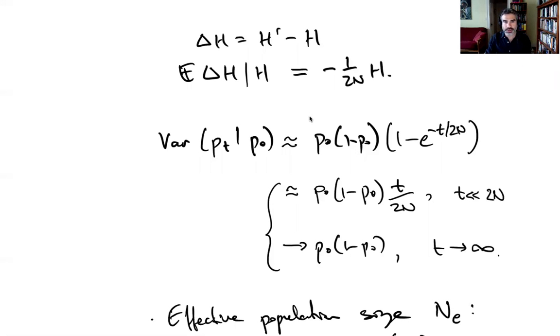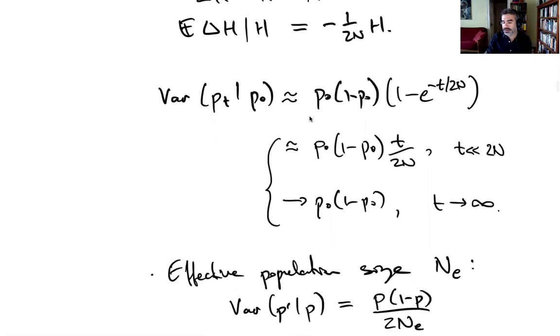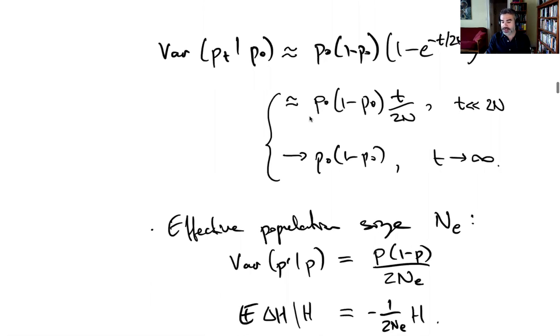The same evolution rules hold, but with n replaced by N_E. So the conditional variance of p prime given p is p(1 minus p) over 2N_E, and the expected change in heterozygosity is minus 1 over 2N_E times the current heterozygosity. Now, in real populations, that means N_E is generally somewhat smaller than the actual population size.